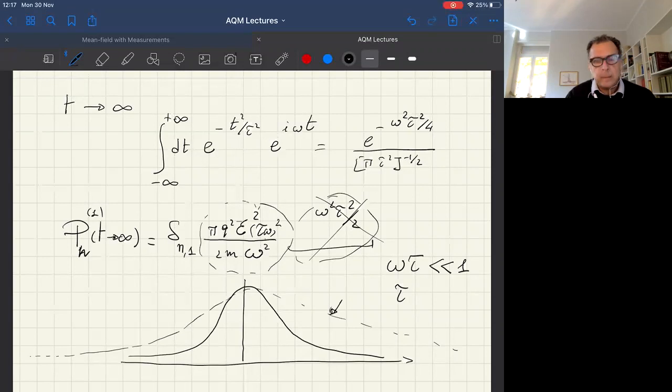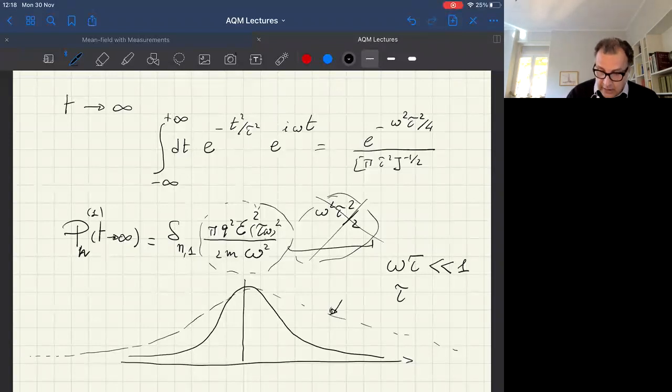There is another interesting limit. When omega tau is almost 0, then the probability is again 0. So what does it mean?